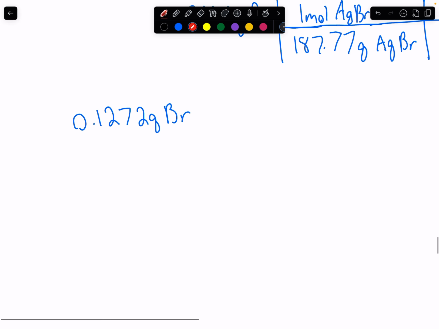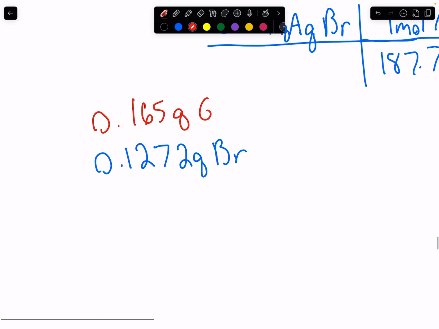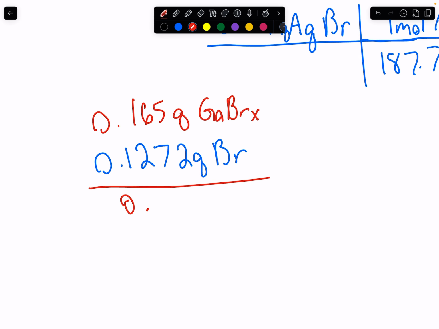So I'm going to put it right here, 0.165 grams of GaBrX, and we'd get 0.0378 grams of gallium.